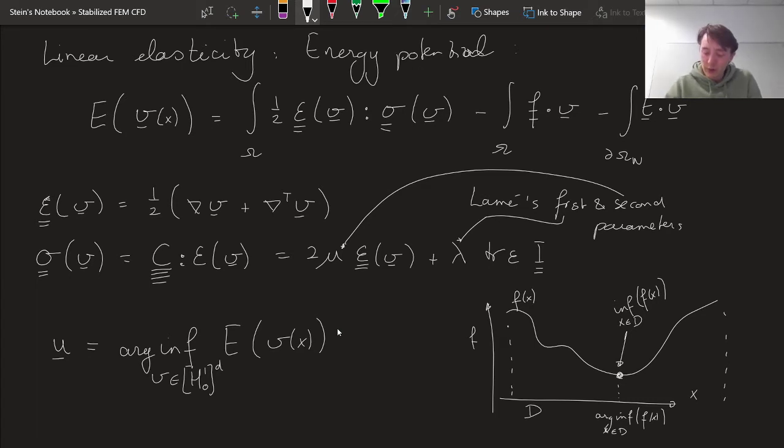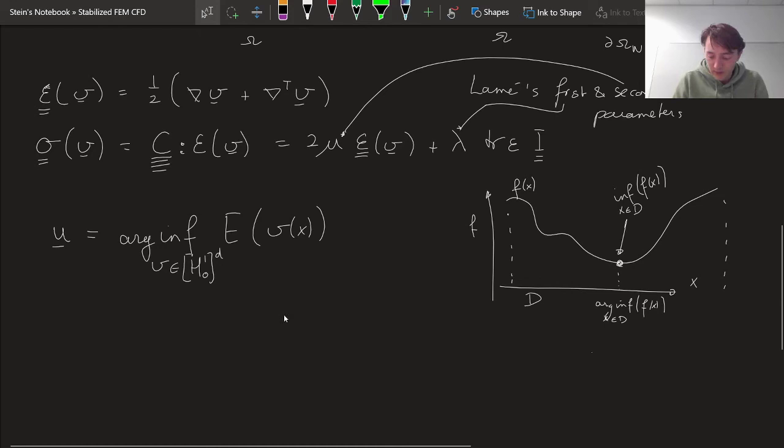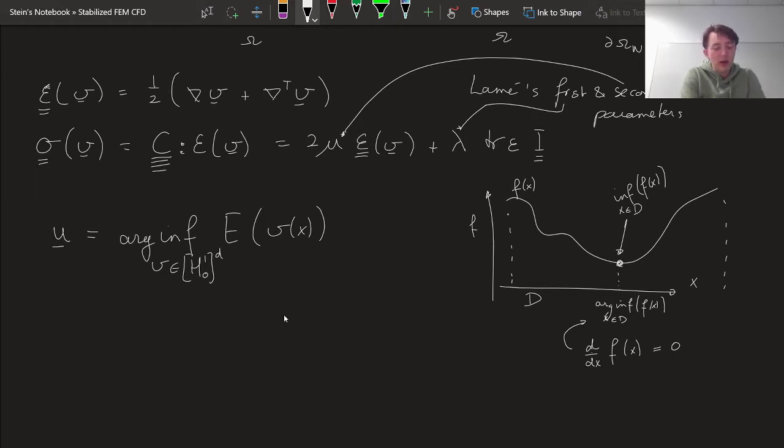And at that point, we know that x is such that the first derivative of f is 0. Right? So we're trying to do now something similar here, but rather than a function that takes a scalar value and produces a scalar, we now have a functional that takes a function and produces a scalar. So how do we perform an operation that is similar to the one here on the right?